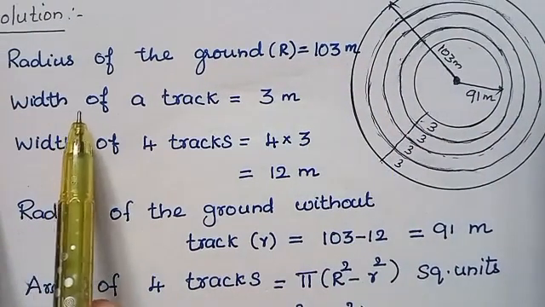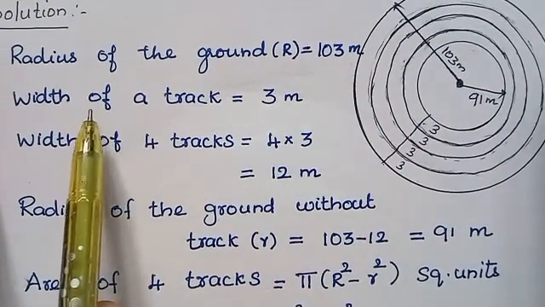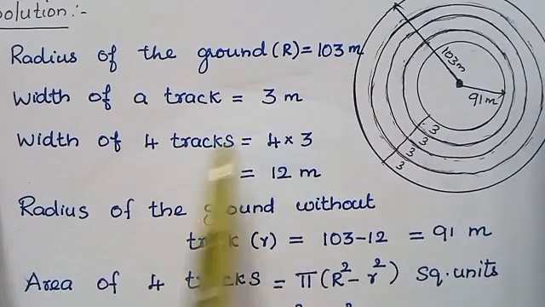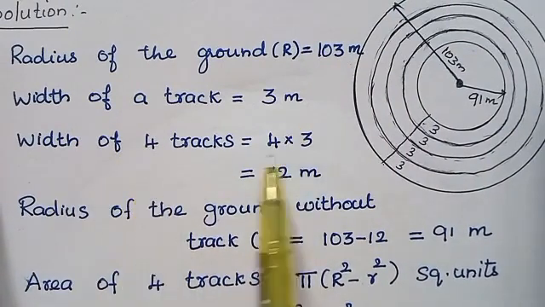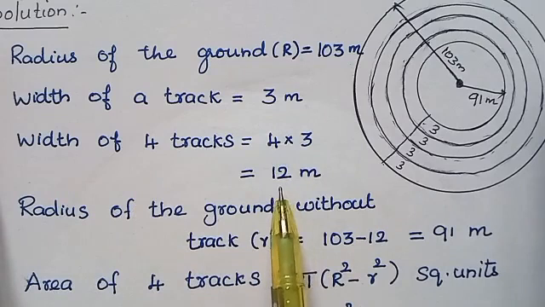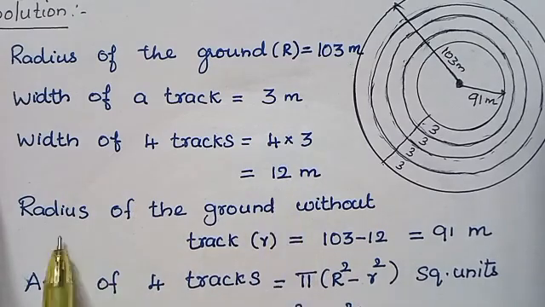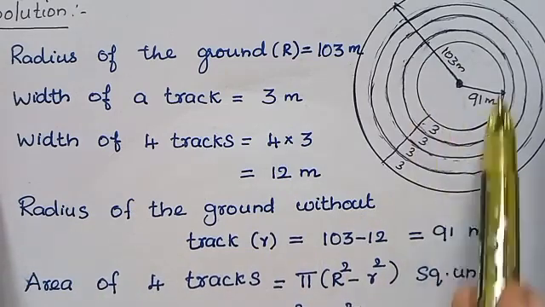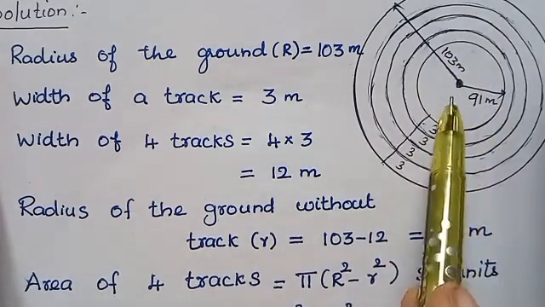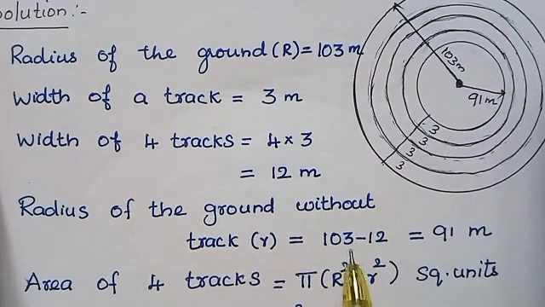See, radius of the ground 103 meter. Width of a track is 3 meter. Width of 4 tracks, 4 into 3 equal to 12 meter. Then this is the radius of the ground without track. For that, subtract 103 minus 12 equal to 91 meter.